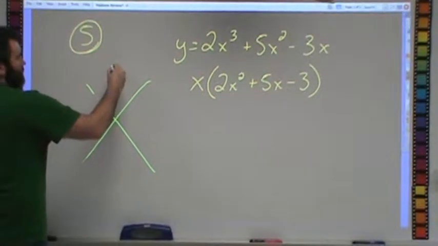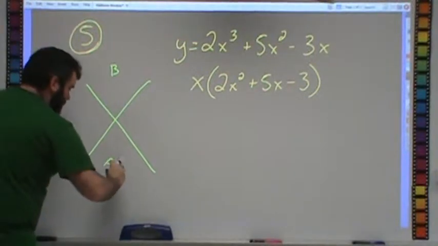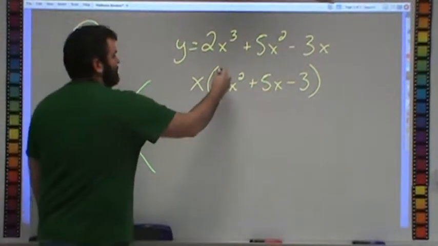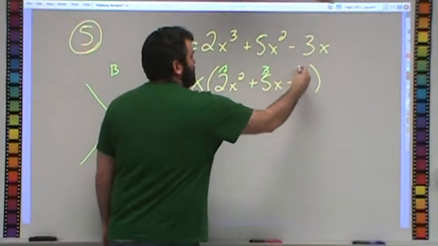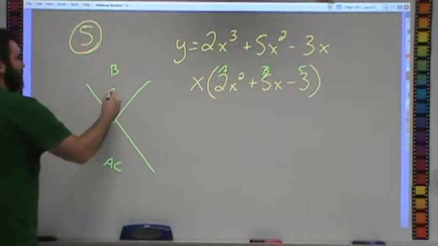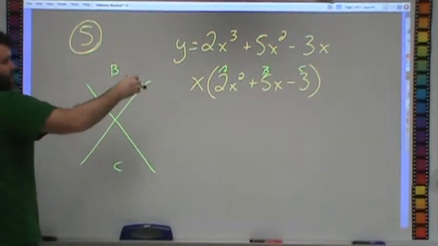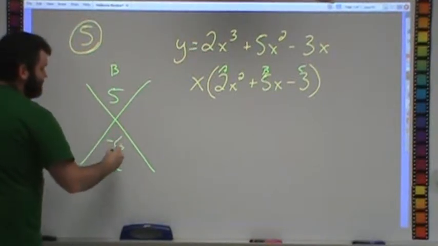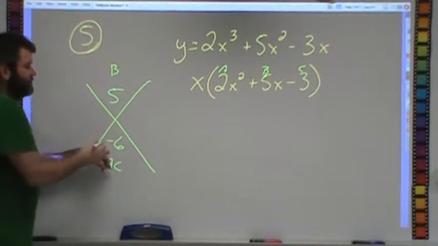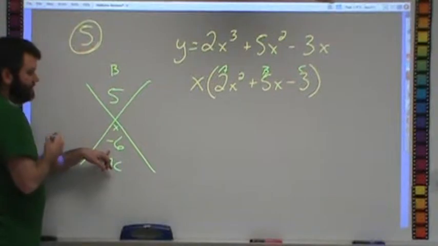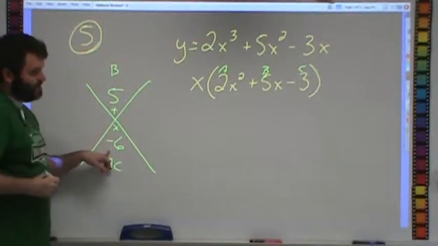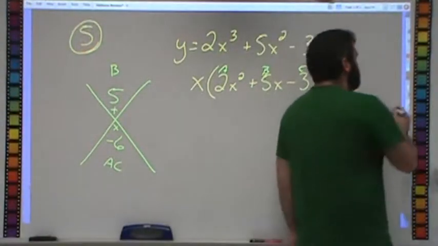At the top, I put whatever b is. At the bottom, I put whatever a times c is. Remember, these are in perfect order: a, b, and c. So that means my b is 5. My a times c is 2 times -3, which will give me a -6. I now look for two numbers that can multiply to get -6, but at the same time add to get 5. Now, your first instinct is going to be 2 and 3.